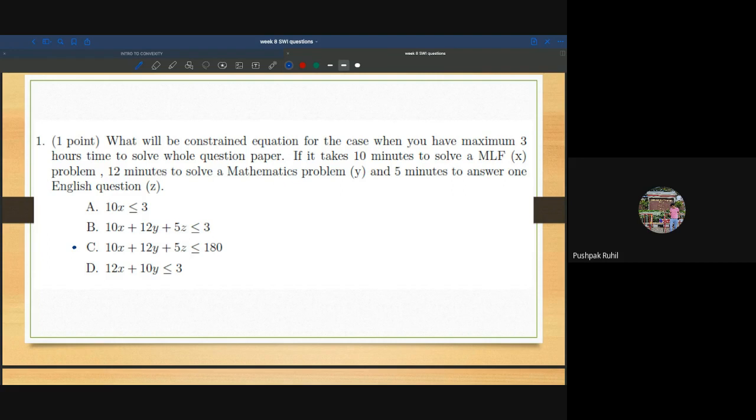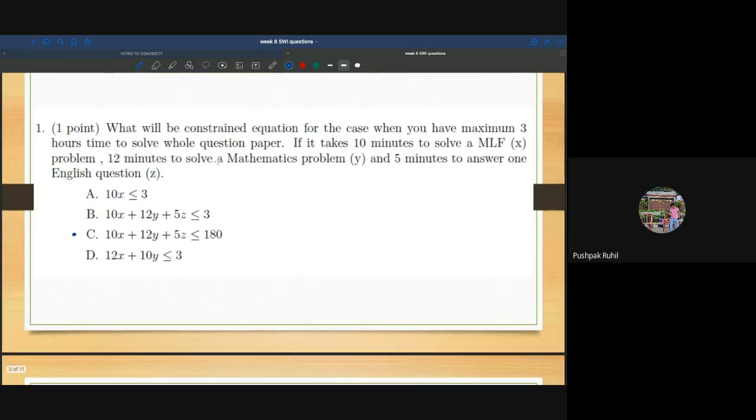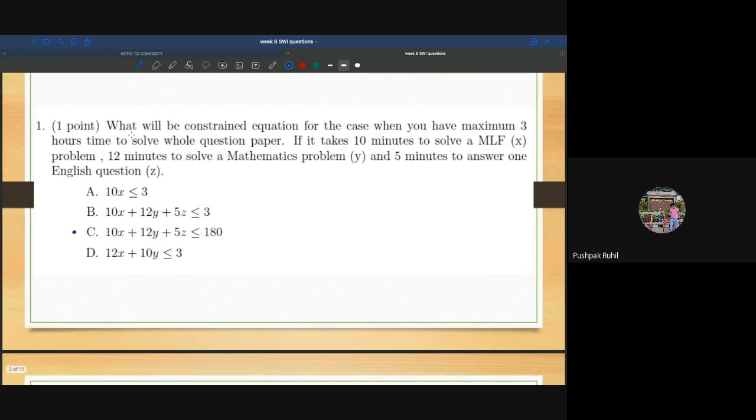All right. So I guess I have received more than 50% students answer. So let's discuss this problem. The question is, what will be the constraint equation for the case when you have maximum 3 hours time to solve the whole question paper?